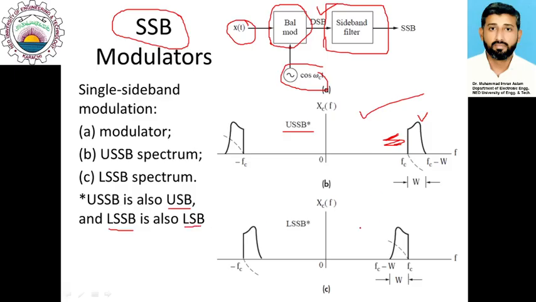Similarly, for the second figure, we have suppressed the upper sideband, so there is no upper sideband, whereas we are left with only the lower sideband. So this shows the LSB signal. So by using a sideband filter, we can either suppress upper sideband or lower sideband to generate a single sideband signal.